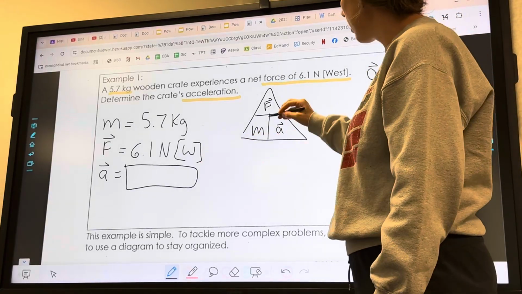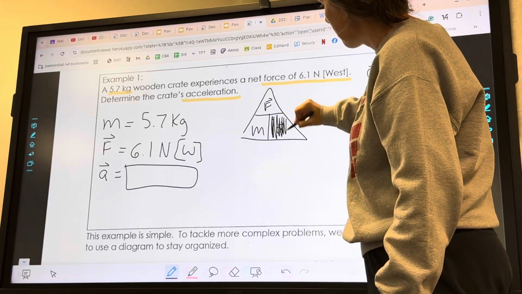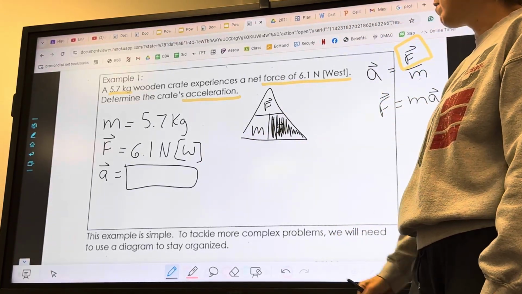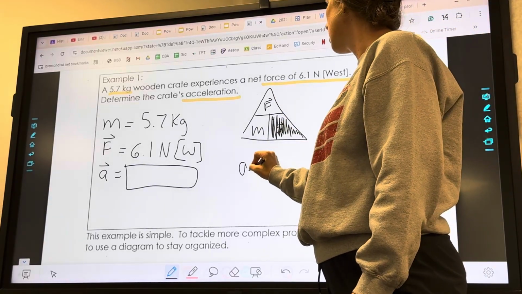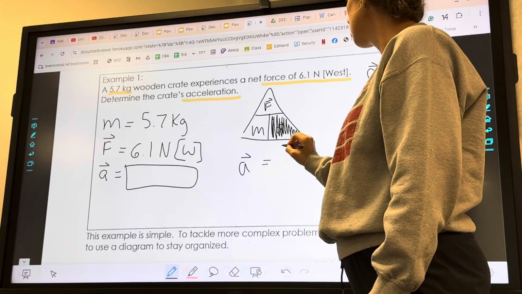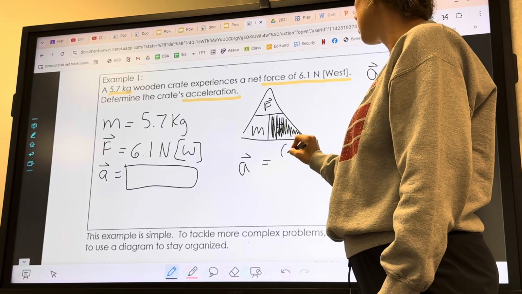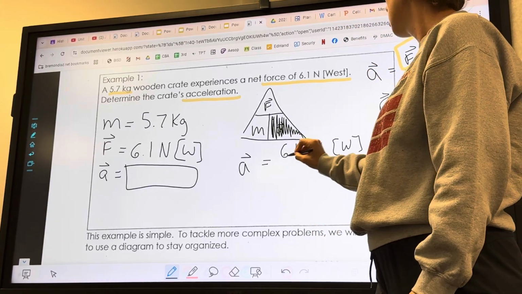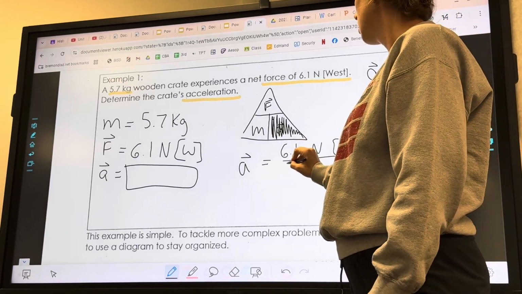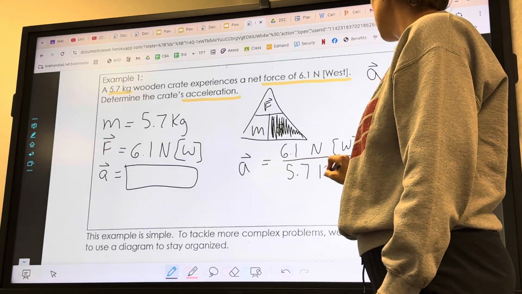So now if I don't know acceleration, I block that out. So when I solve for it, it should just be force over mass. So my acceleration equals my force, 6.1 newtons west, all over 5.7 kilograms.